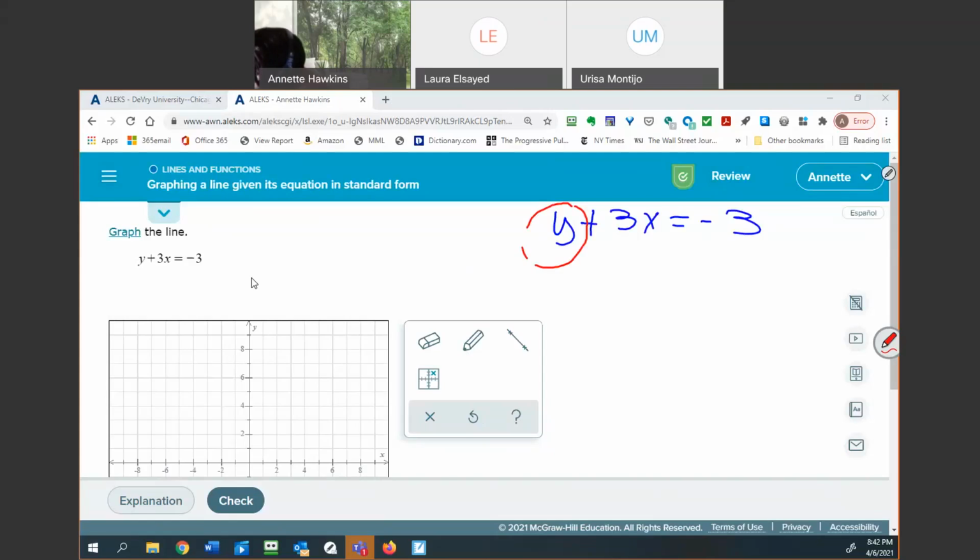If I want to solve this for y, I need to get the 3x off. Because you always want y equals something. So this is y equals negative 3x minus 3. This is the form that you want, y equals. And that way it just makes it easy when you put in x, you can find y.